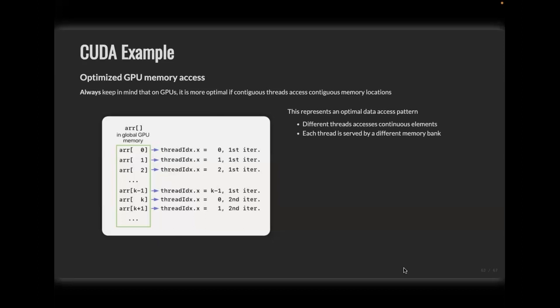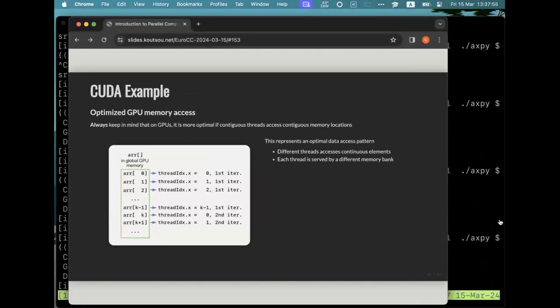We still have 512 threads and 1 block, but we want to turn it around so that thread 0 takes element 0, thread 1 takes element 1, thread 511 takes element 511, and then you start over from the beginning, and element 512 goes to thread 0.